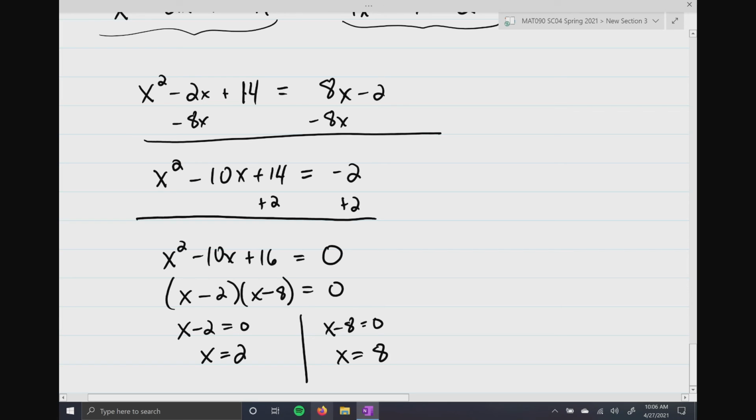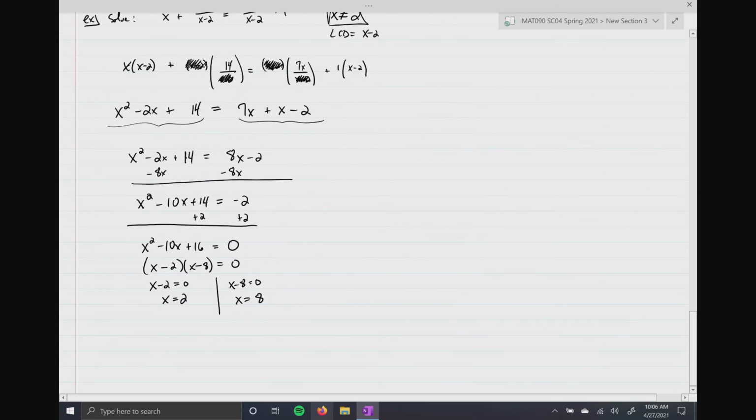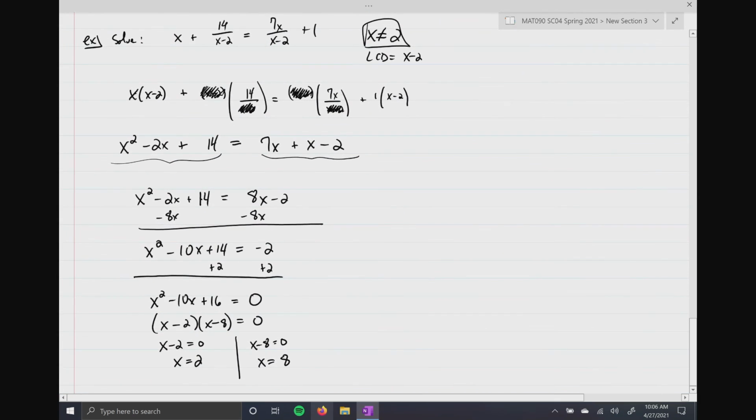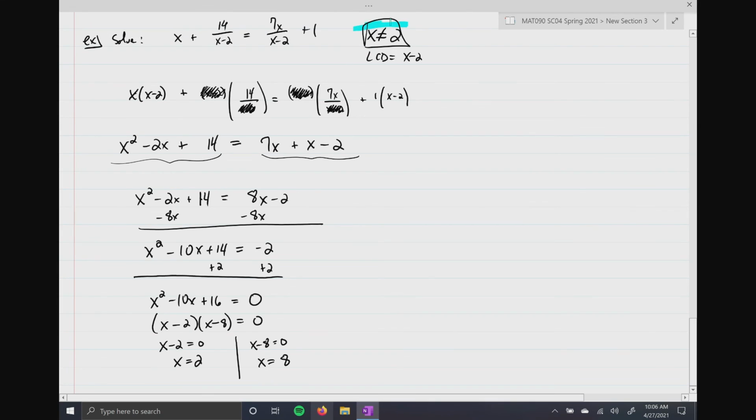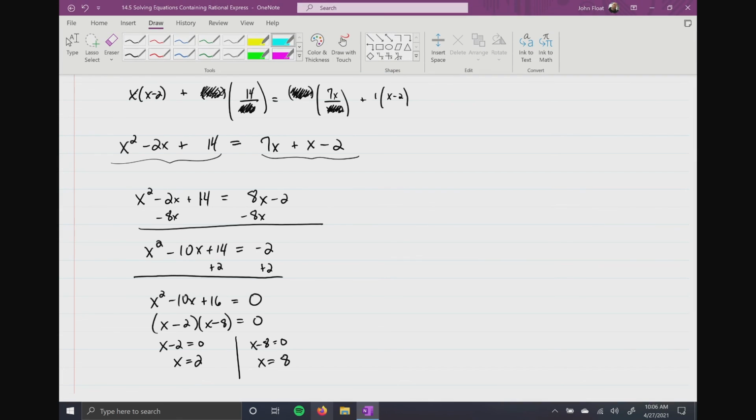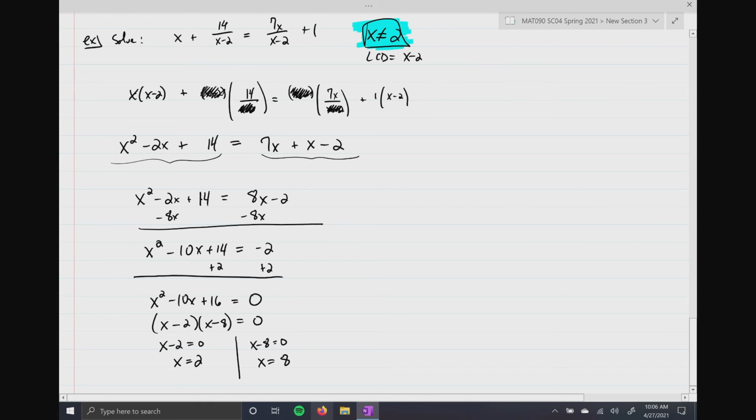I'm going to zoom out here. I know from the very start of this problem, x is not allowed to be what number, everybody? X is not allowed to be 2. If you look right here, all my math, I came up with the solution x equals 2, but I know it's not allowed to be 2.